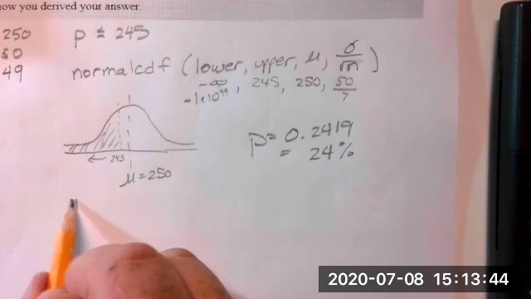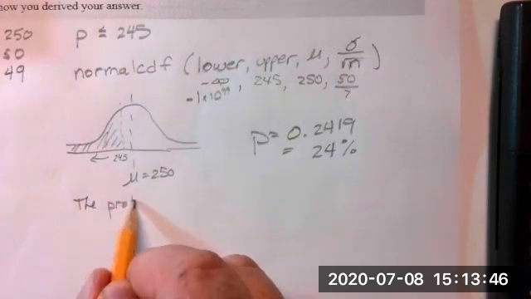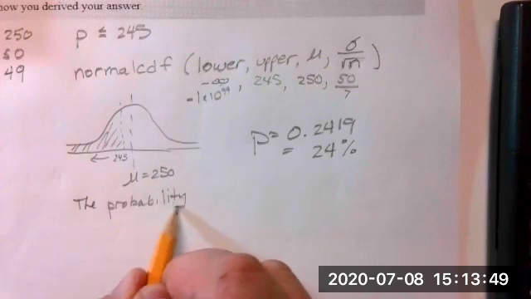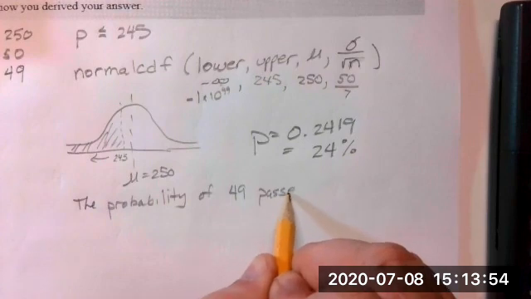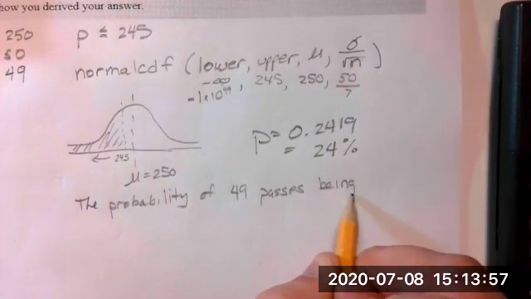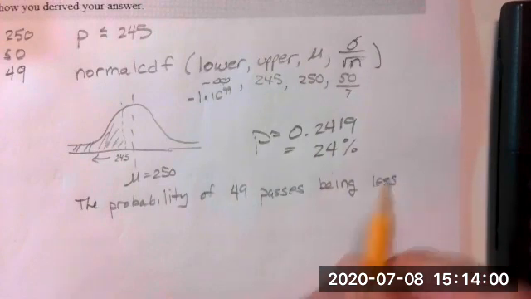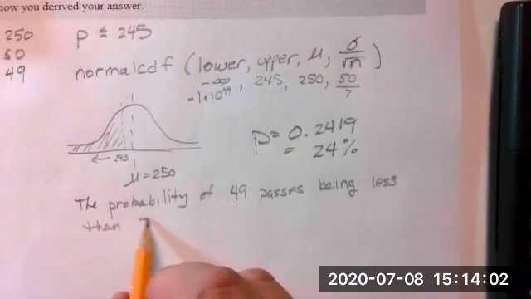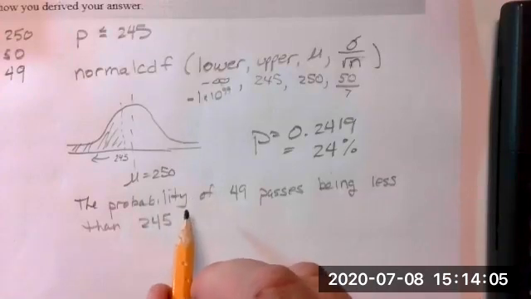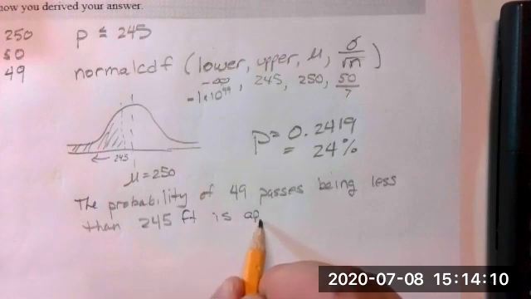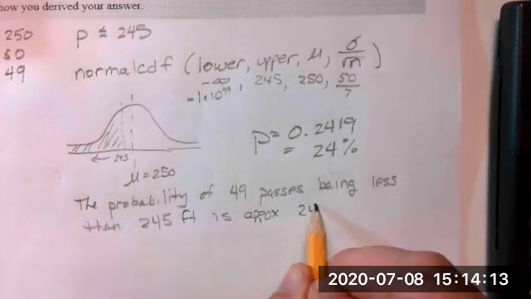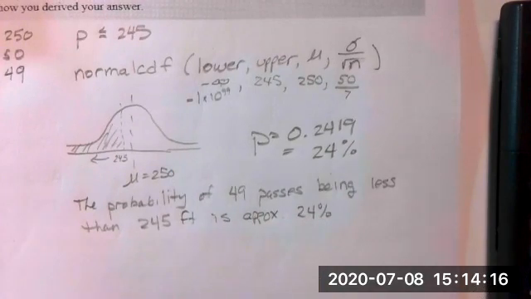Okay, so the probability of 49 passes being less than 245 feet is approximately 24%. Okay, go ahead and end that problem here.